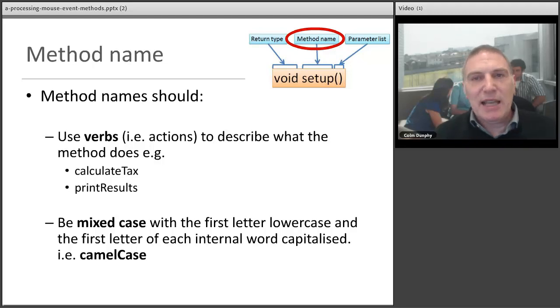For example, calculate tax might be a method, print results a method, and I'll ask you to, in Slack, come up with a method to do something, anything at all. And we'll examine your answers and see.